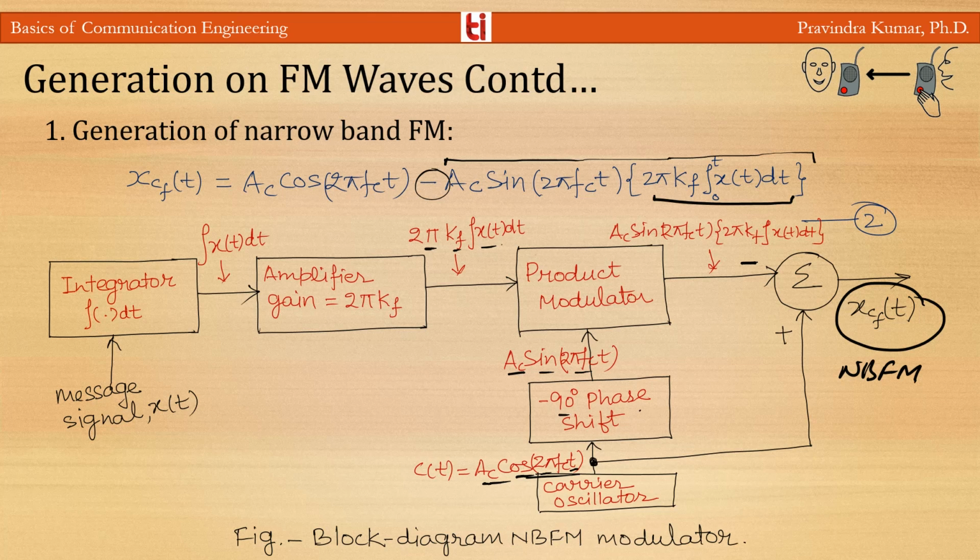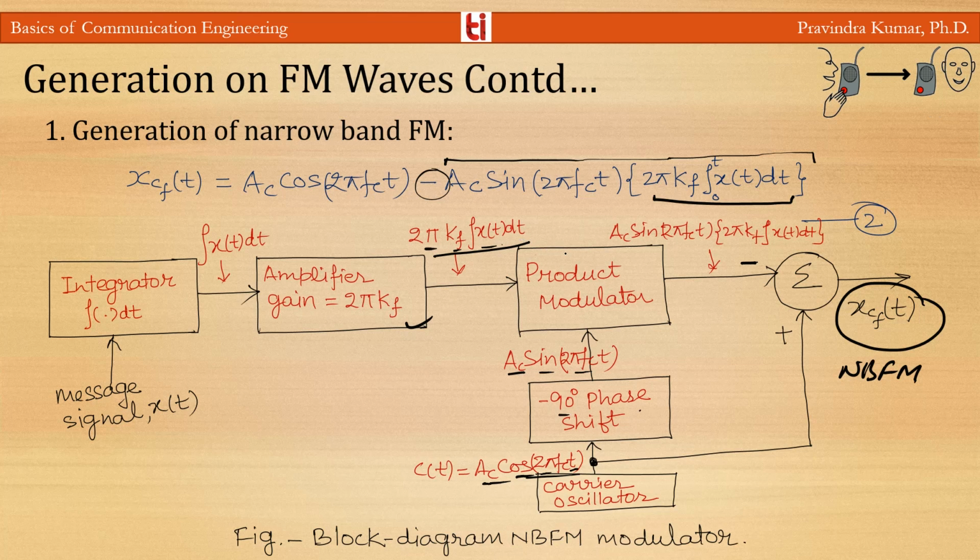So this is the modulator, where an integrator is used to integrate the modulating signal. This integrated output is passed through the amplifier whose gain is 2π kf, and the output is 2π kf ∫x(t)dt.